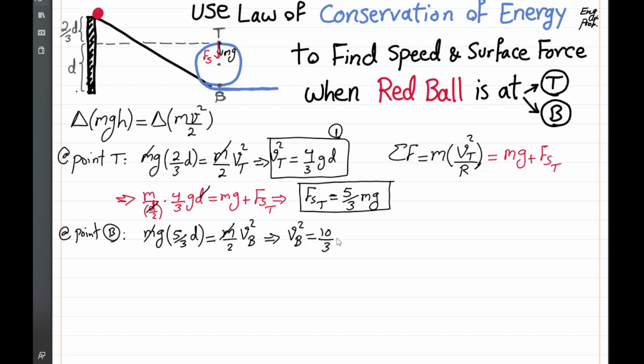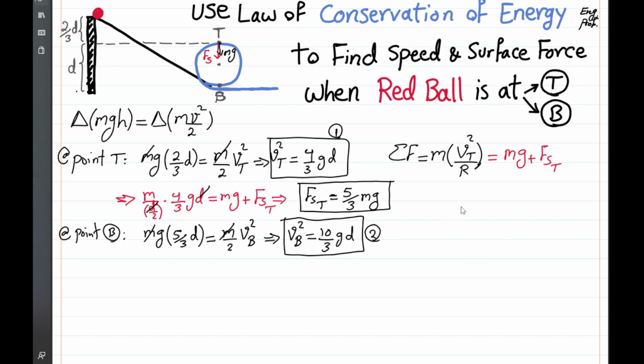Let's just make sure I'm not missing something here. Okay, so we have 10 over 3 g d. Let's name this equation number 2. And I'm going to again use Newton's laws of motion.